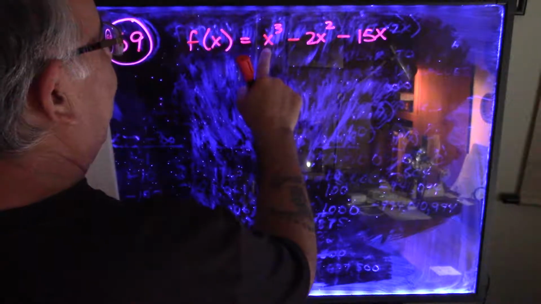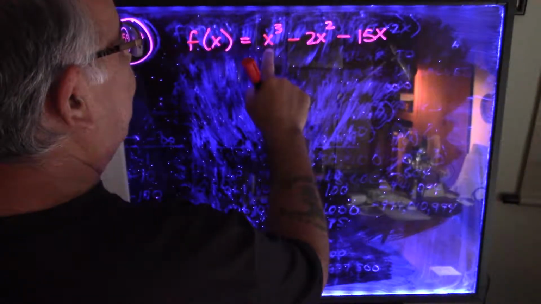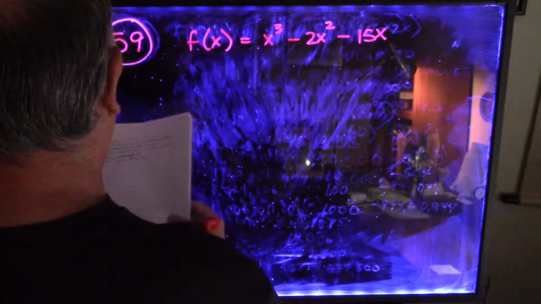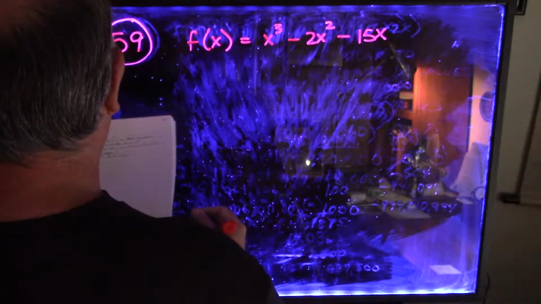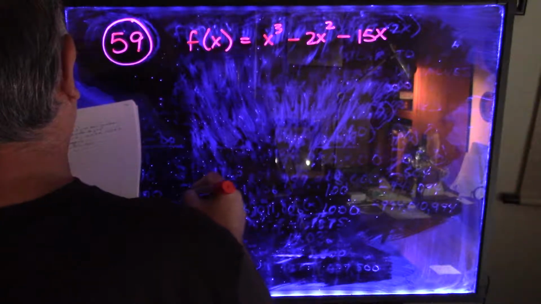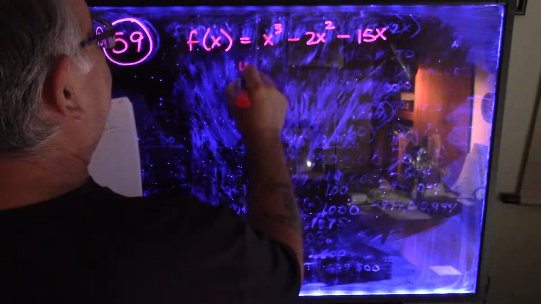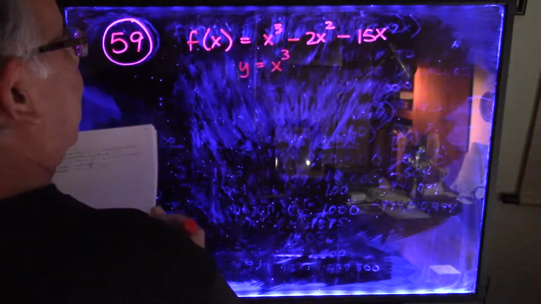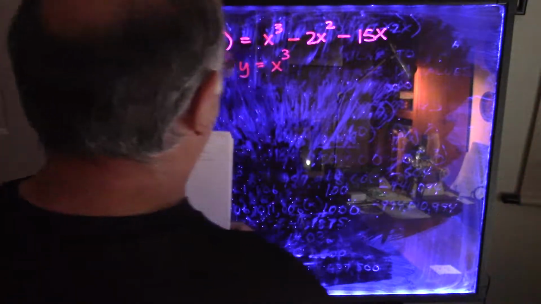And as the absolute value of x gets large, this term will overwhelm the other two terms. All right, it will be a lot bigger in absolute value. All right, so it's going to look like y equals x cubed as x goes to minus infinity or positive infinity.